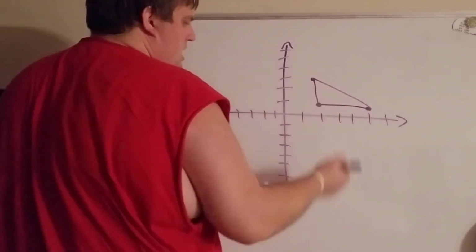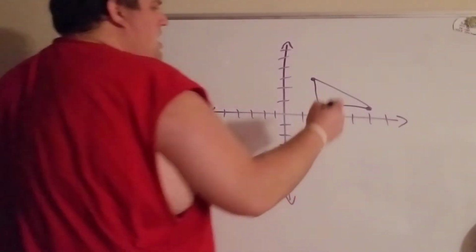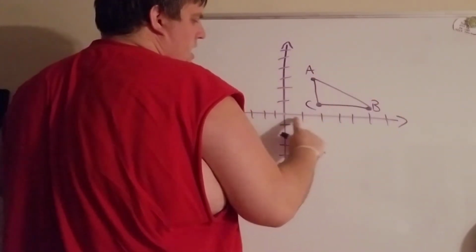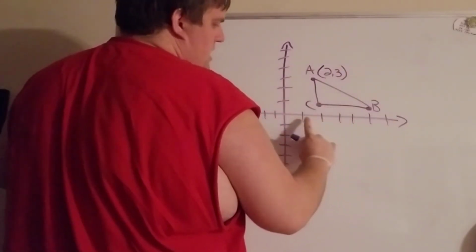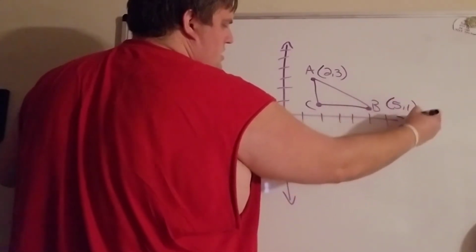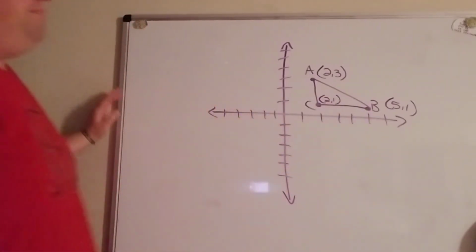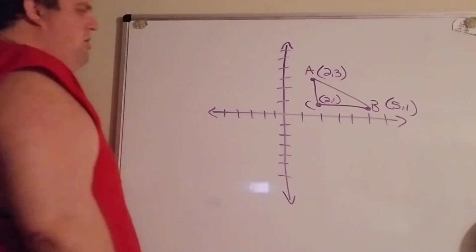We'll call it ABC. And A is at 2, 3. And B is at 5, 1. And C is at 2, 1. So when we have a rotation, like I said, we're not going to actually change the integrity of the triangle. We're just going to turn it to a new location.